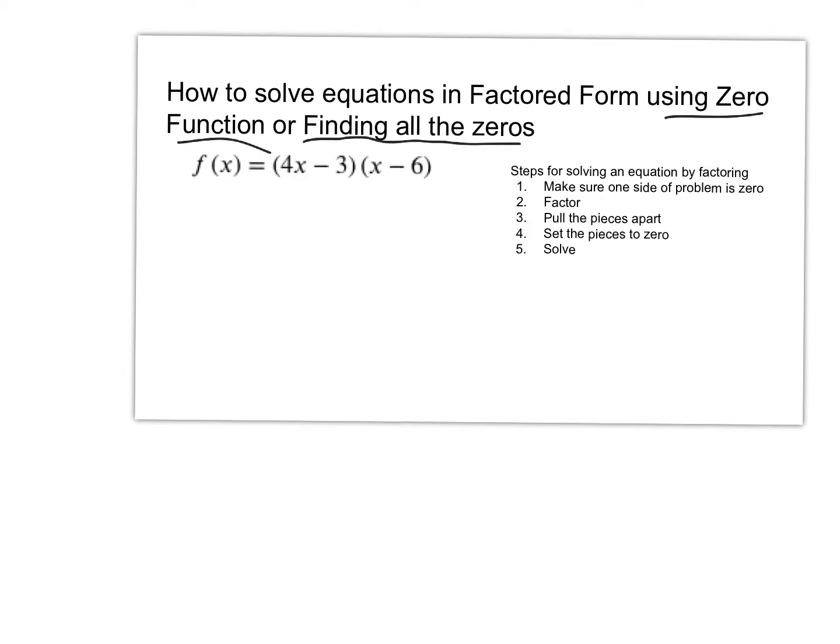Okay? All the 0 function says to do is, again, you have function notation, f of x. What they're basically saying is use the 0 function is to take f of x and turn it to 0.